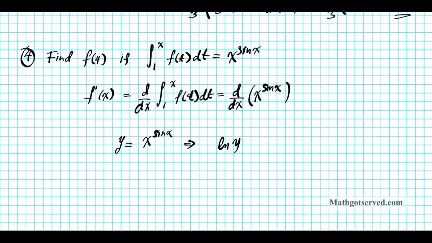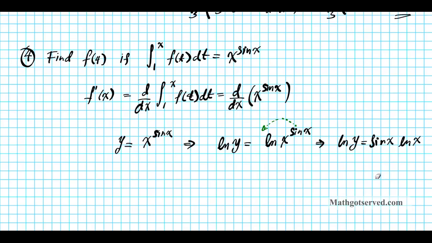So ln y is equal to the natural logarithm of x to the sine x. Now using the properties of logarithms, I can power this exponent down. So the natural logarithm of y equals sine x times the natural logarithm of x.